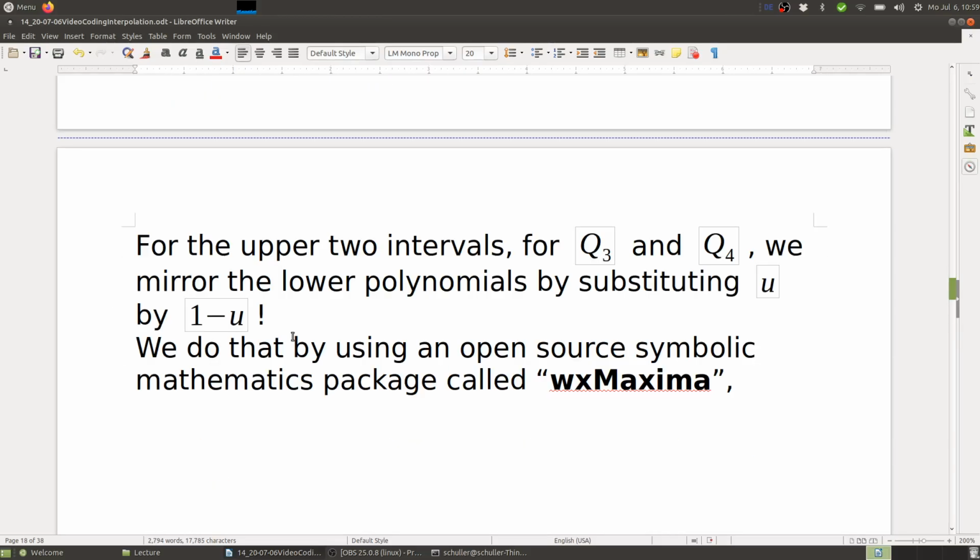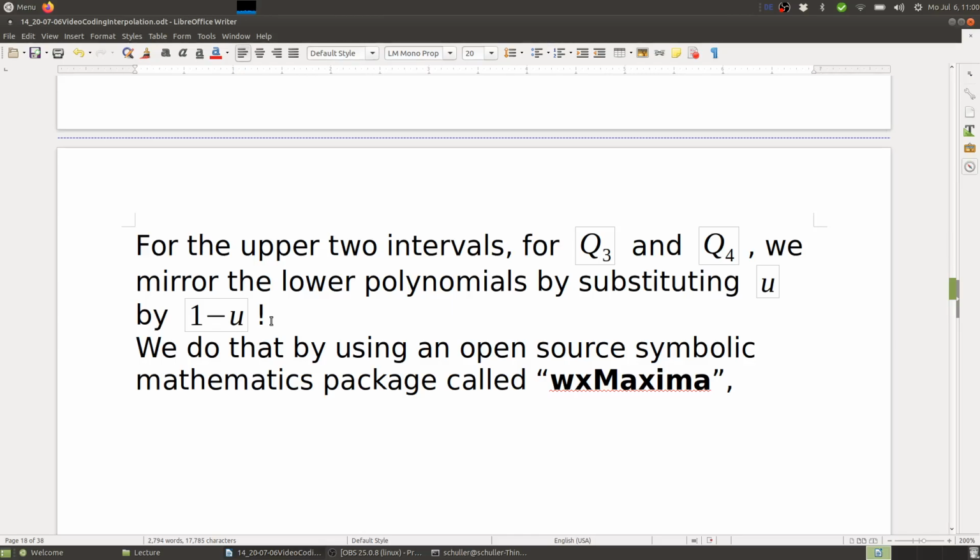So, nice. So, what's missing is just the upper two intervals, Q3 and Q4. And to make life simpler, we just simply mirror the lower polynomials by substituting u by 1 minus u. So we know that our B-spline is symmetric around the center, so we can simply mirror the two obtained polynomials to obtain Q3 and Q4.